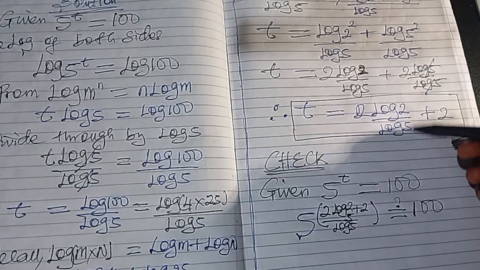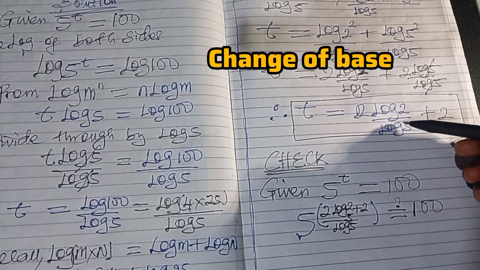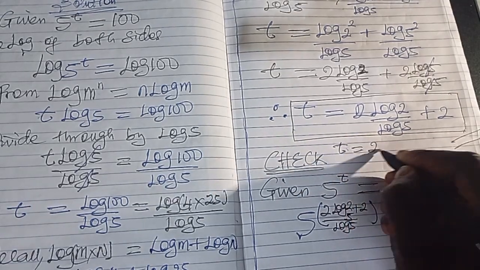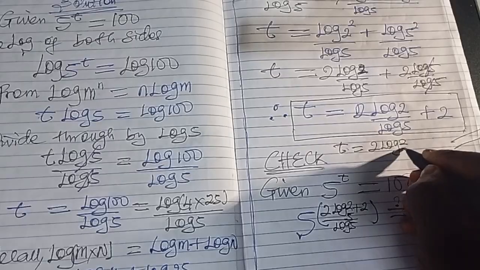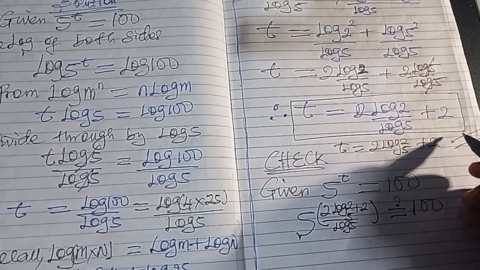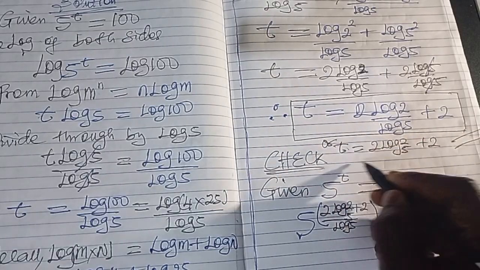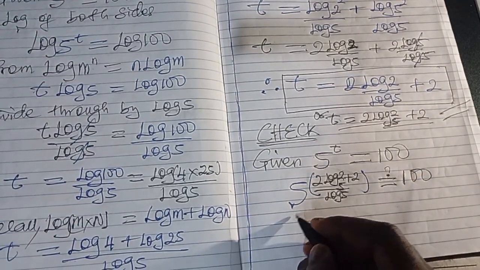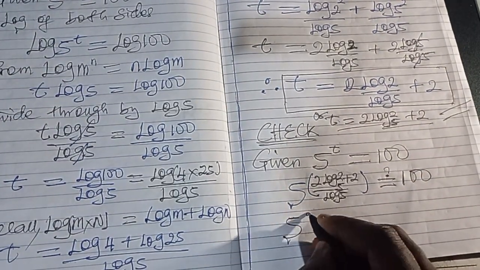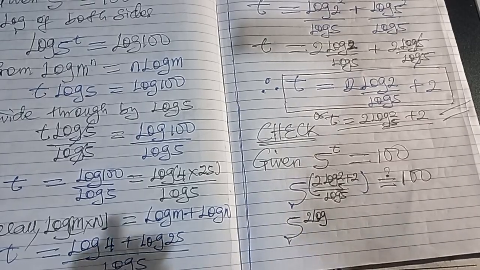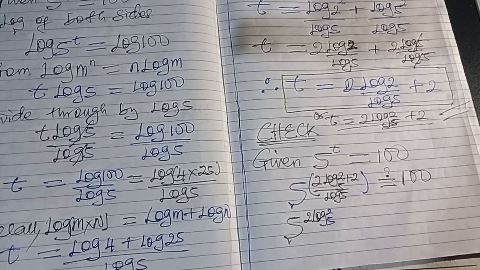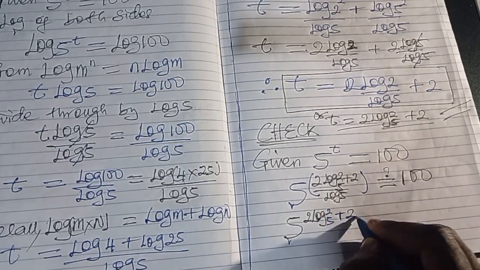Now from here we can apply change of base. Remember, we can apply change of base here and have t equals 2 log 2 base 5 plus 2. So we can now put it back here to have 5 raised to power 2 log 2 base 5, then plus 2.